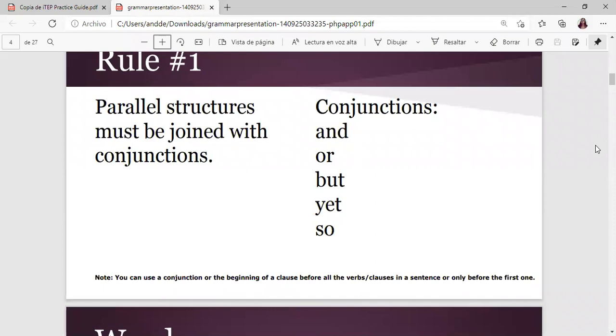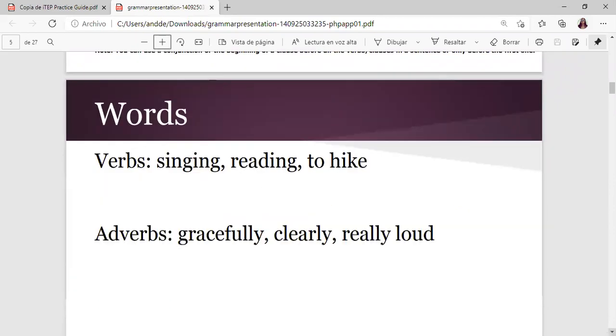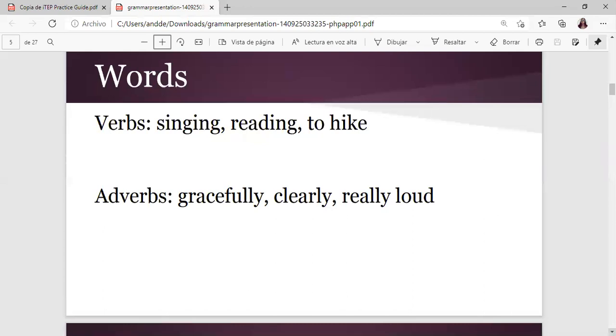You can use the conjunctions at the beginning of a clause before all the verbs or the clauses in a sentence, or only before the first one. We're gonna see it. There you go. There is something that in English is called verb agreement. What is it about?